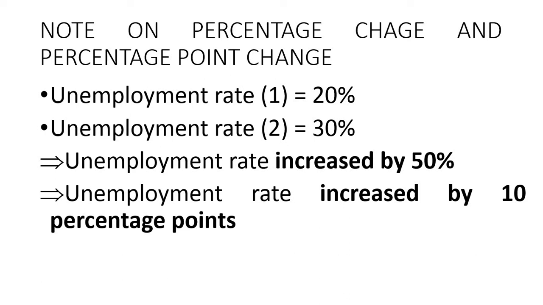At the same time, it increased by 10 percentage points. So that's why when you interpret the results of a regression model linear in parameters and variables, and if some of your variables is expressed as percentage, in interpretation you use percentage points, not percent.